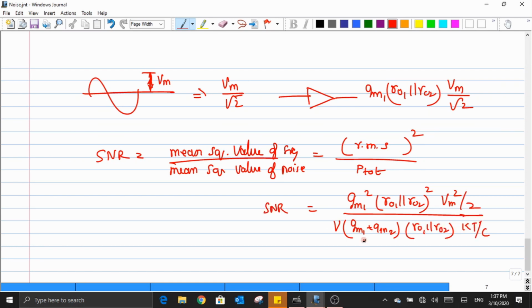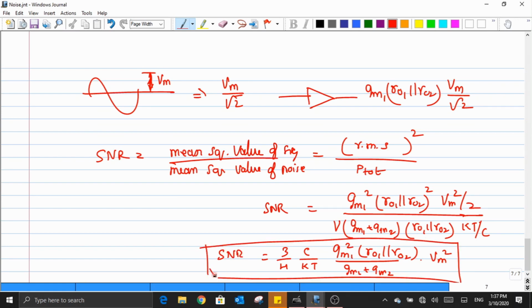Okay. So again, one could cancel out some of the common terms out of this equation. So when you do so, okay. So with this, the noise analysis is done.